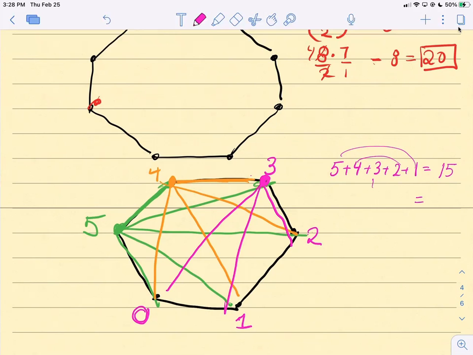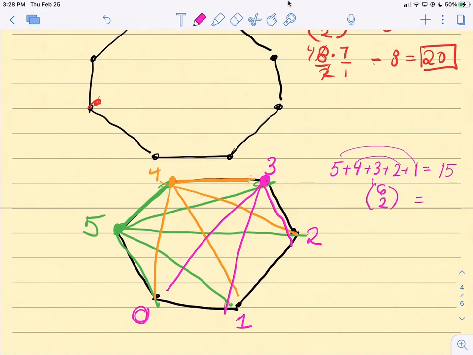This is like counting all the possible edges you can draw, including the boundary. Would it be 6 choose? You're right there. Yeah, we're just counting pairs you can make. So what should we do? 6 choose 2.